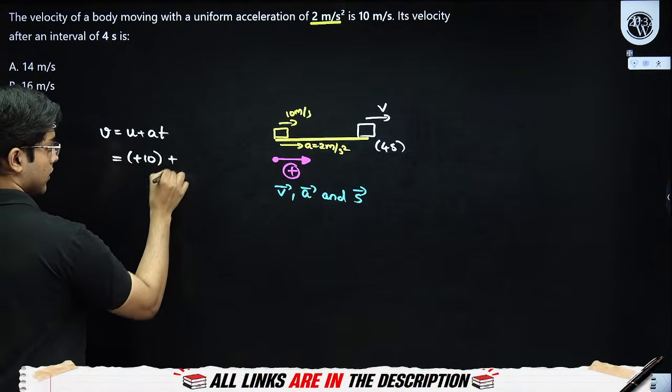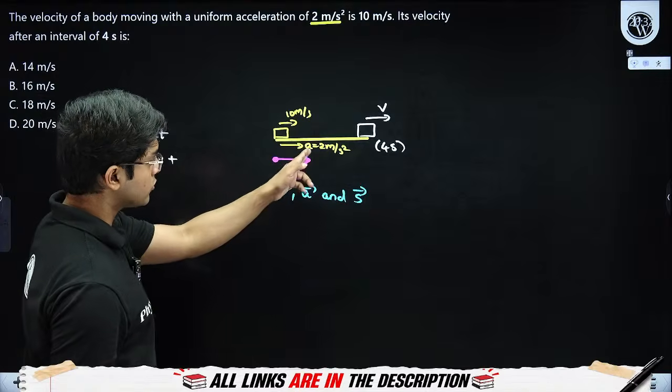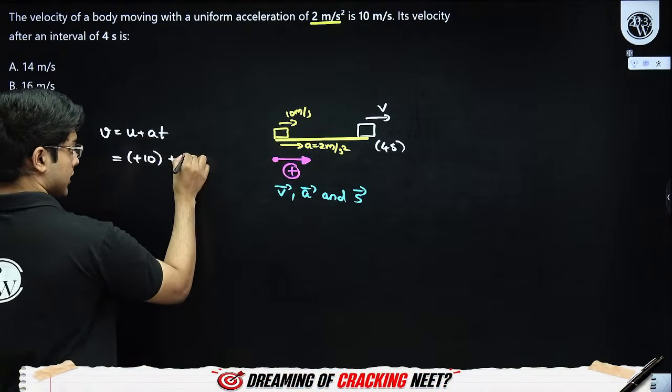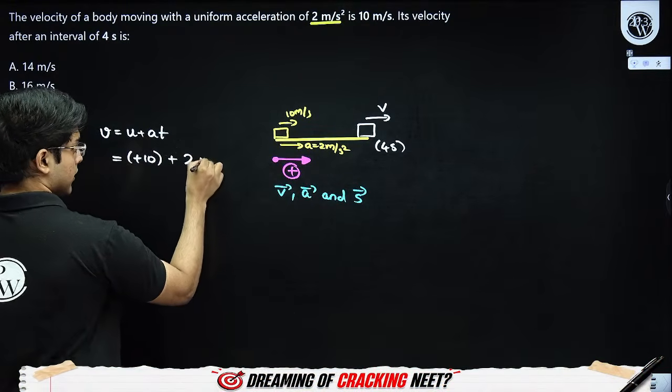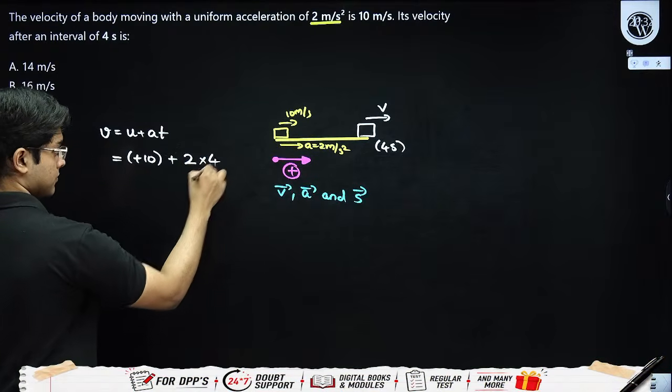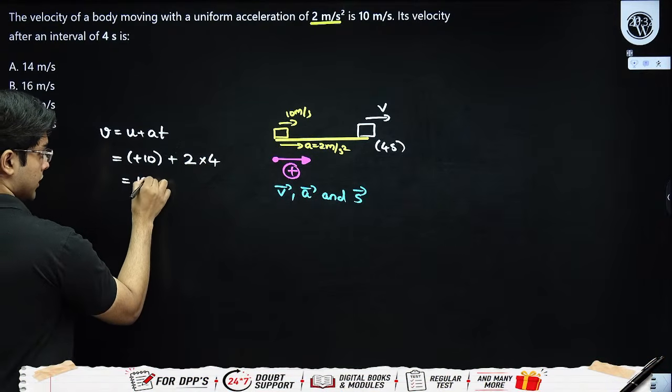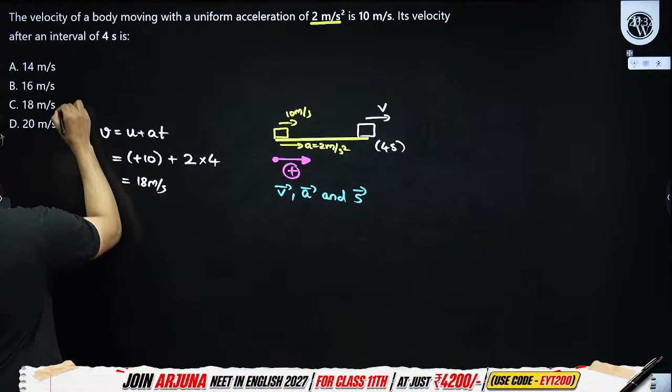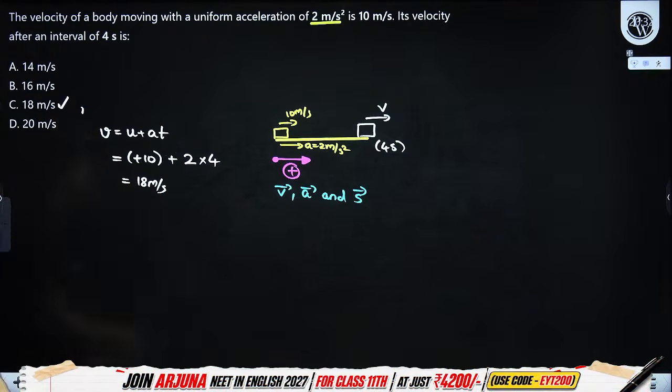The acceleration vector is also along the right, so I will write plus 2, and time is 4 seconds. So the answer is 18 meters per second. C option. Yes, 18 is the answer.